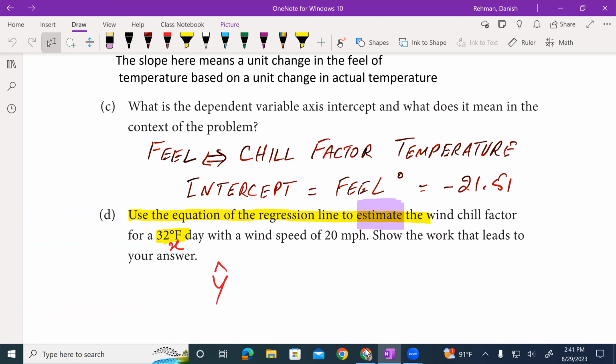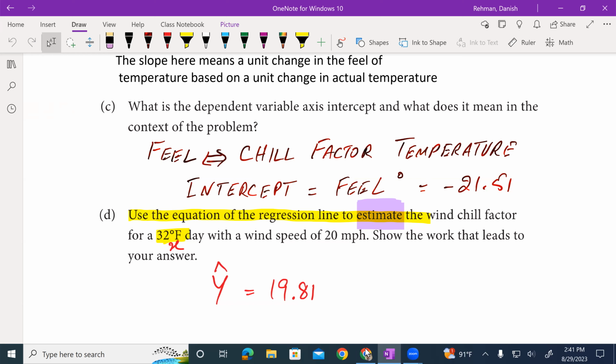You use the y hat as an estimate. So y hat is what? 19 point something. What was that? 19.8. Thank you. 19.81 is the y hat. Got it? That is an estimate.